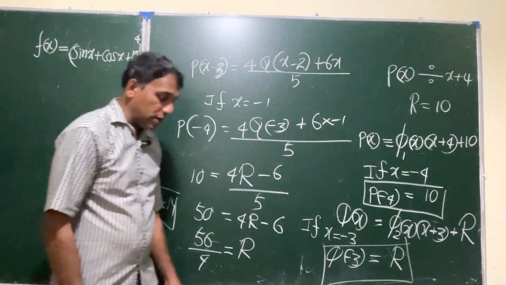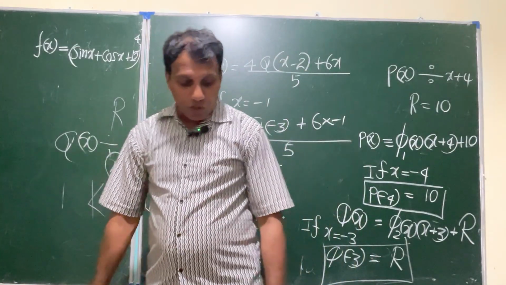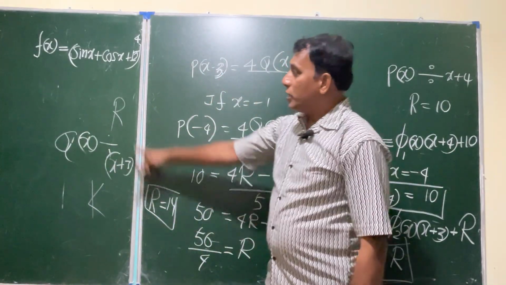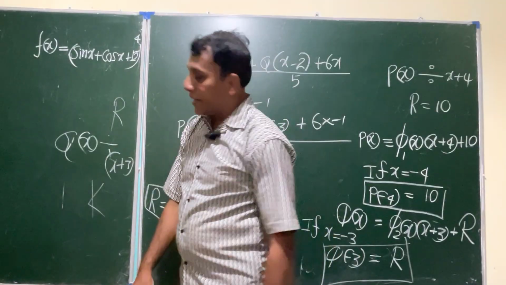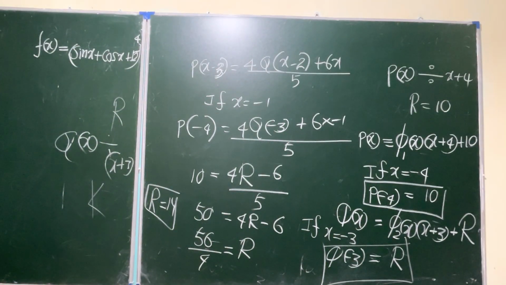Okay, this is that question. Now come back to a trigonometry problem. f(x) equals (sin x plus cos x plus square root 2) completely to the power 4.